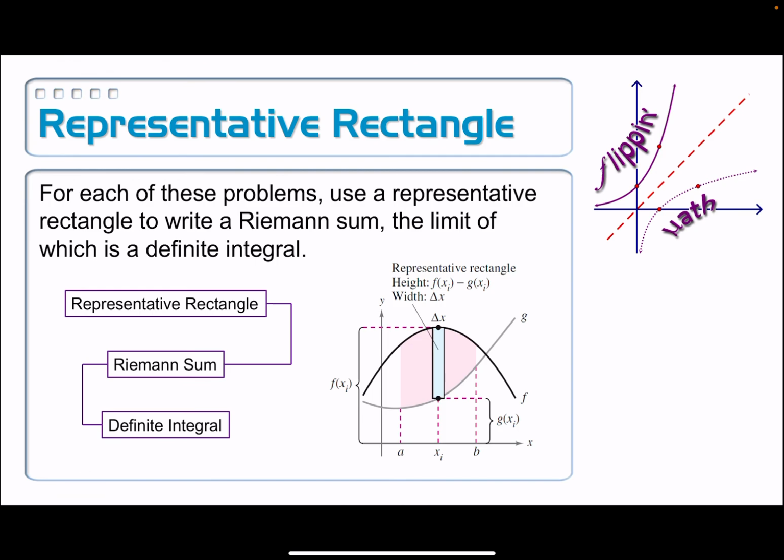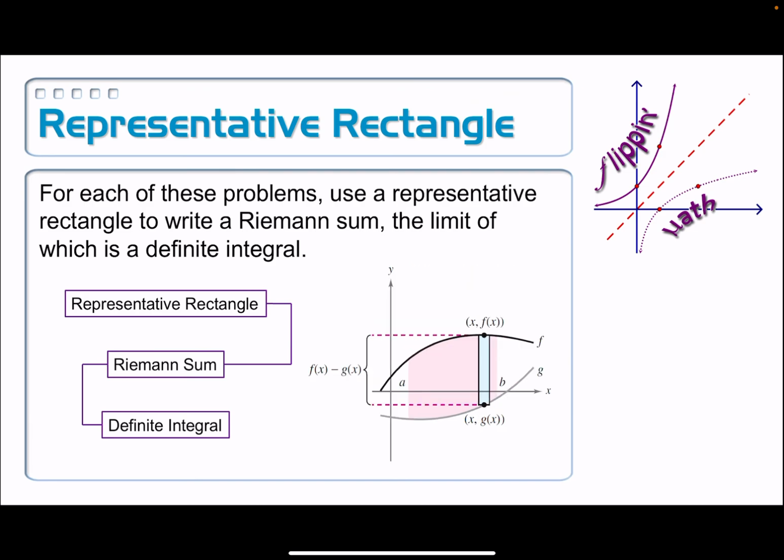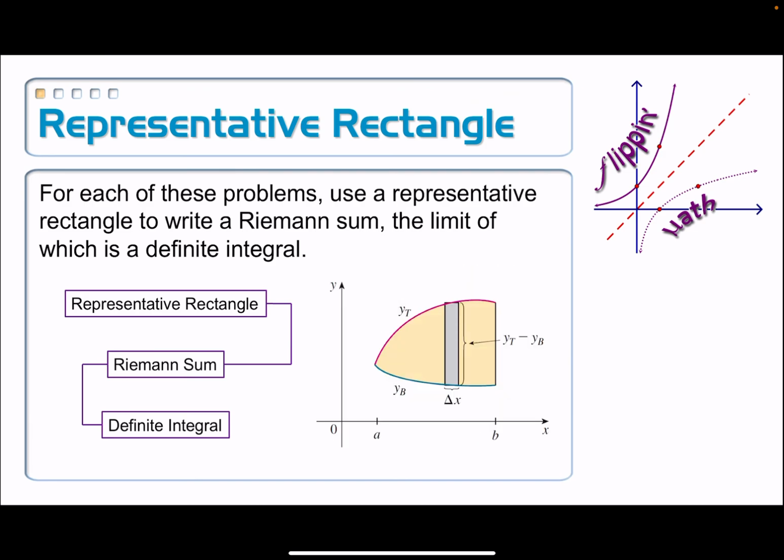Here's the reason why. There are a couple of things that I think this process is really going to cement for you. One of them is that it helps you identify the top function versus the bottom function, which may not always be obvious when you just have these things written out. So sketch some sort of graph, put a little rectangle in there, and it's easy to identify what the top and the bottom are.